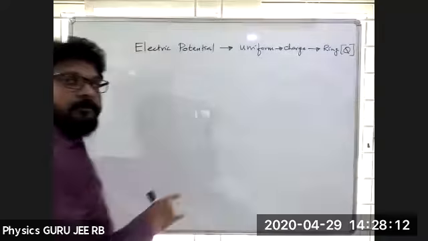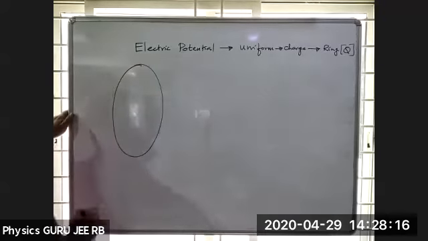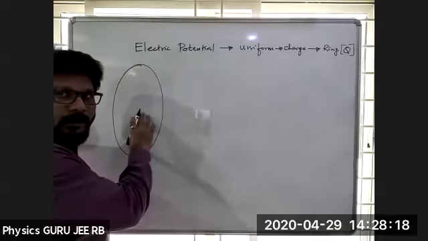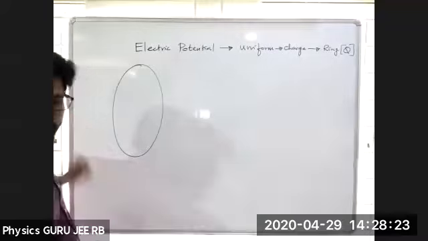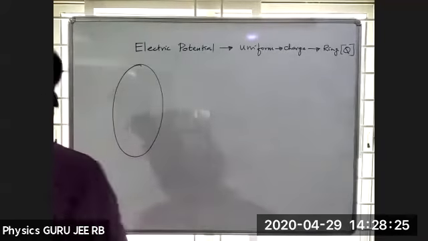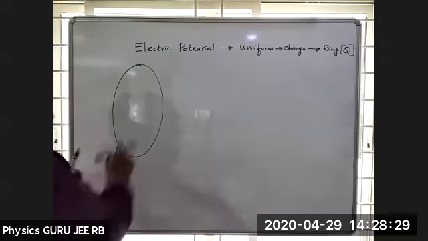So at the center we have to calculate. If I take a ring, for this ring, at the center, what is the potential? On the axis, what is the potential? So let us take all positive charges.